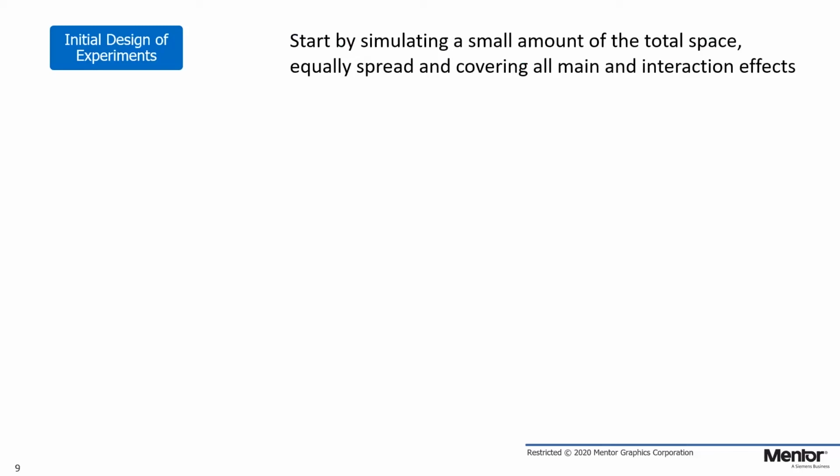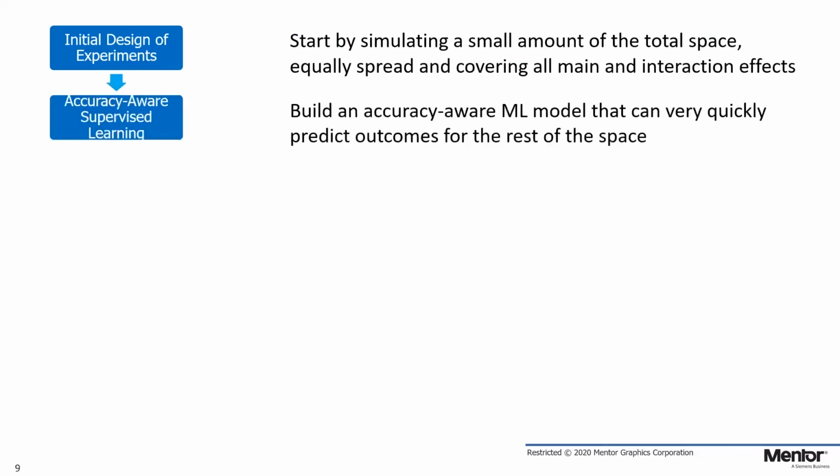Then what we do is take that simulation data from that initial design of experiments, and we build an accuracy-aware machine learning model, a supervised learning model typically. And accuracy-aware is super important because a machine learning model is a guessing machine. You build a guessing machine, and a guess is only useful if you know how accurate that guess is.